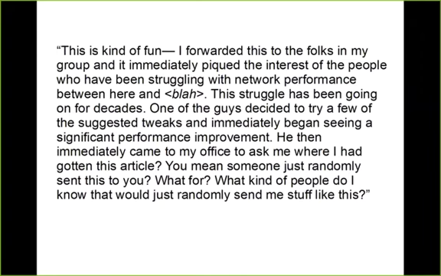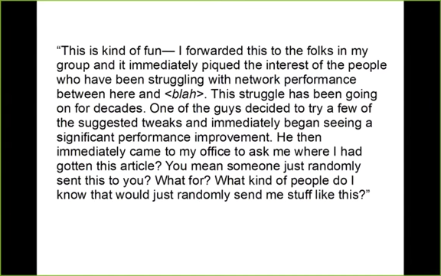One of our guys decided to try a few of the suggested tweaks and immediately began seeing a significant performance improvement. He then immediately came to my office to ask me, where had I gotten this article? You mean somebody just randomly sent this to you? What kind of people do you know that would just randomly send you stuff like this?" And so, through the eyes of a child, it actually is kind of miraculous what you can do with packet pacing.